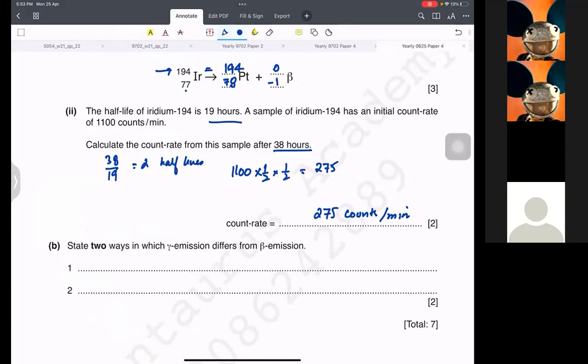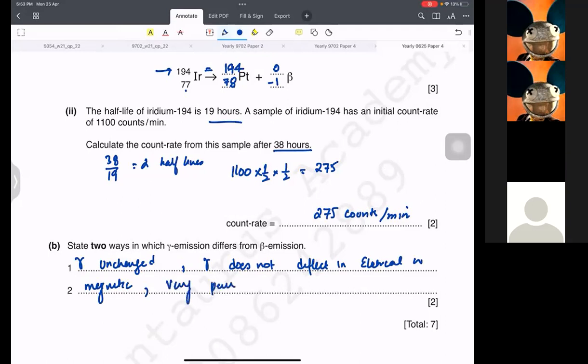State two ways in which gamma emission differs from beta. There's so many ways. All right. Gamma is uncharged. Gamma does not deflect in electrical or magnetic field. I'm writing many, so you guys can choose. It has very high penetration. What else is gamma all about?